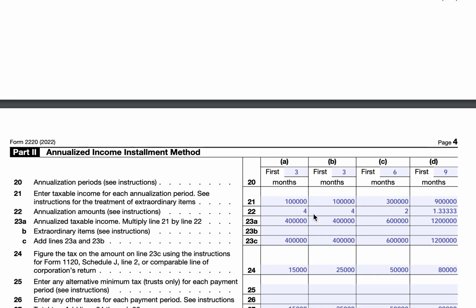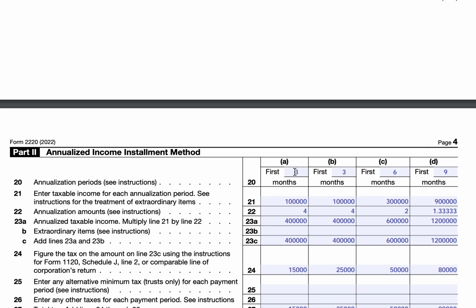Now, we're going to take these numbers and we're going to apply them similarly to the annualized income installment method, except we don't need to average out the previous 3 tax years. Instead, the IRS publishes annualization period tables and annualization amount tables. Those are for lines 20 and 22. So in the form instructions, you'll actually see for corporations, they have 3 options, one is the standard option. You see this here on line 20.